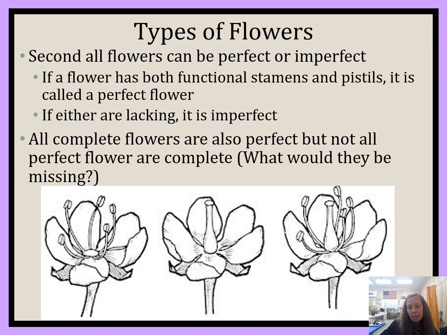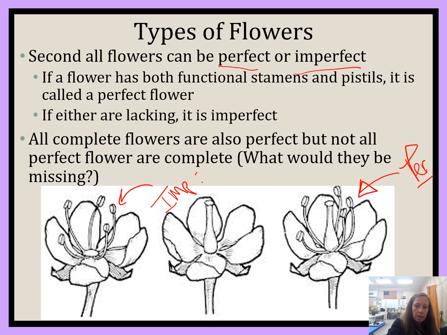The next classification type is going to be perfect or imperfect. If a flower has both stamen and pistils, like this one right here, it would be perfect. If it's lacking either one, it would be imperfect.